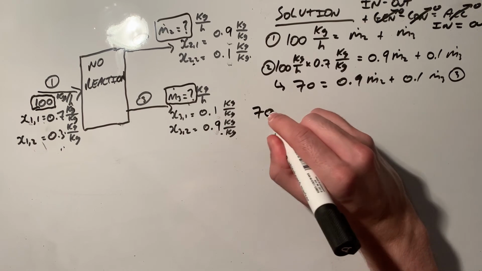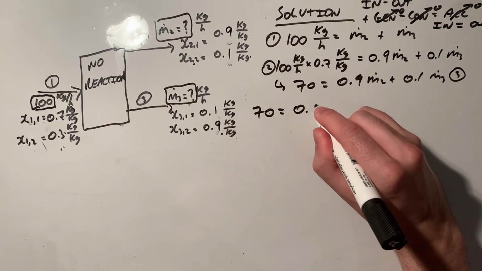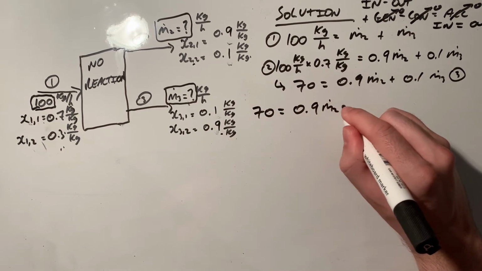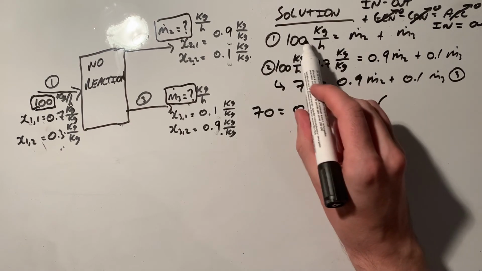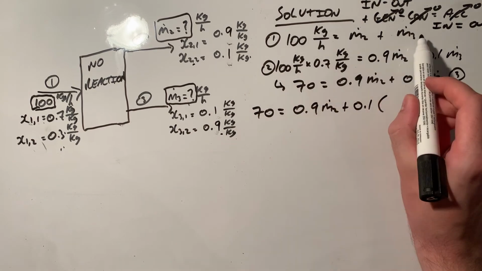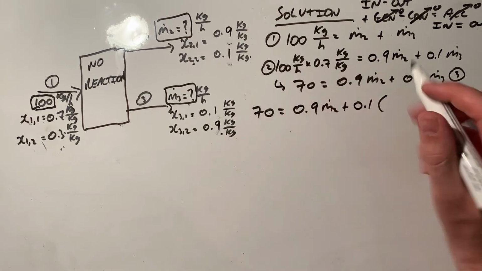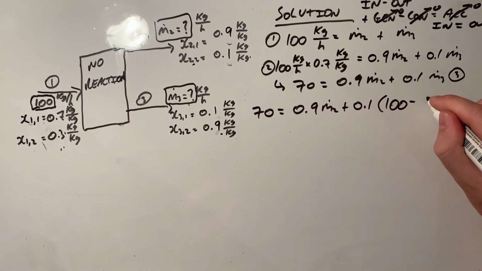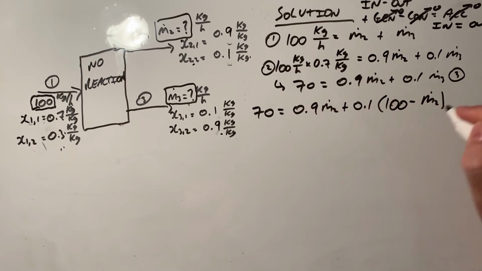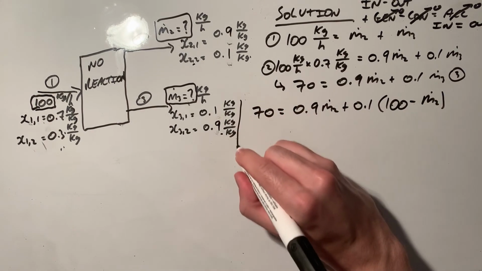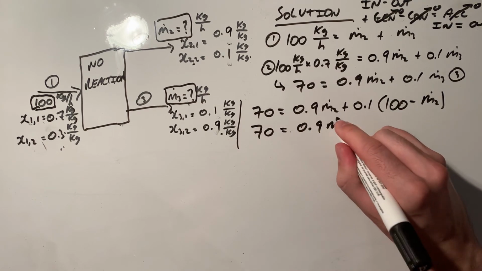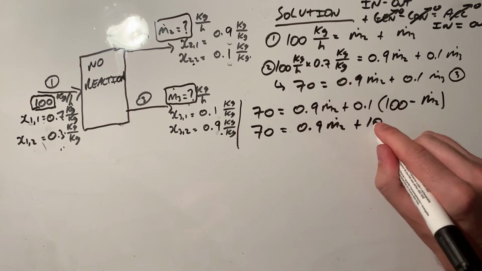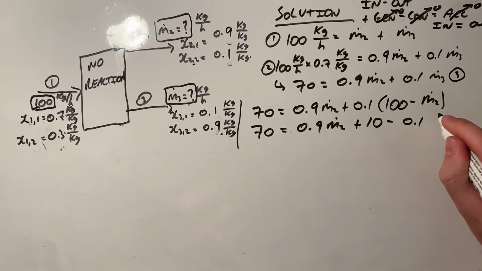So we're going to replace M3. What we'll get is that 70 is equal to 0.9 M2 plus 0.1 times, by rearranging equation 1 for M3, M3 equals 100 minus M2. So 100 minus M2. Neatening this up, we'll get that 70 equals 0.9 M2 plus 10 minus 0.1 M2.